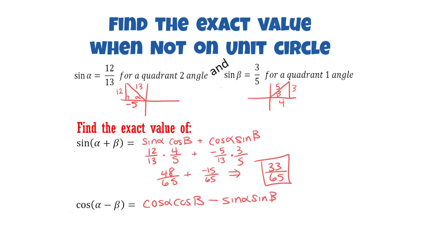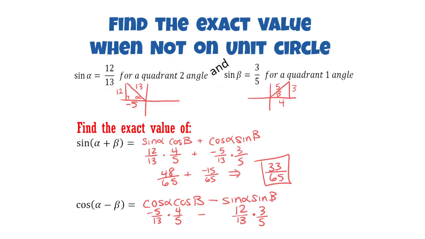Go up to my triangle, the cosine of alpha, that's adjacent over hypotenuse, -5/13. Cosine of beta, adjacent over hypotenuse, 4/5. Minus, now I do the sines, the sine of alpha, opposite over hypotenuse, times the sine of beta, opposite over hypotenuse.